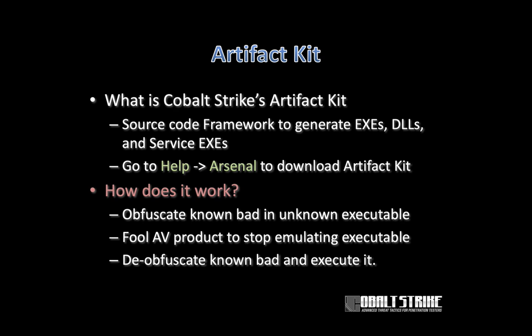But the artifact kit does try to take different approaches to fool the AV sandbox to stop emulating the executable, and that is to defeat that dynamic analysis step we talked about. Once that's done, the artifact kit executables deobfuscate our known bad and pass execution to it.